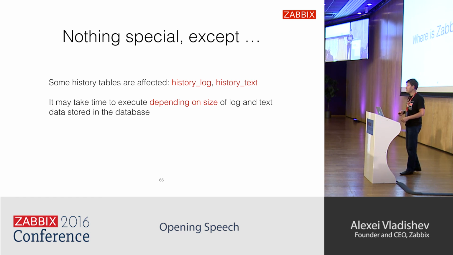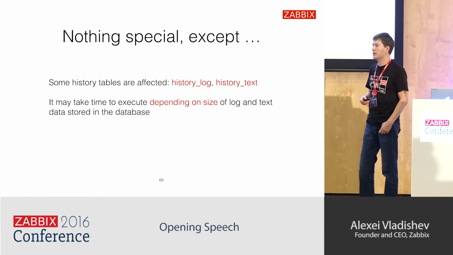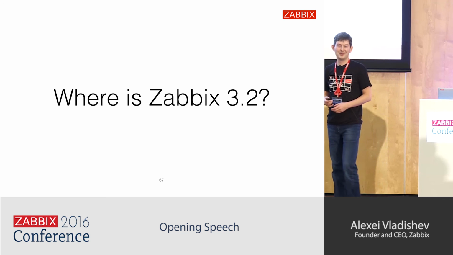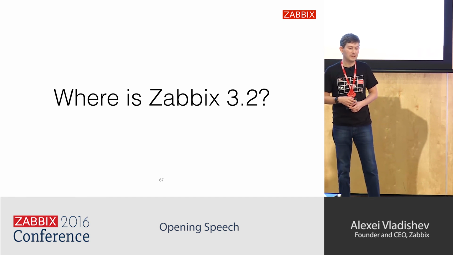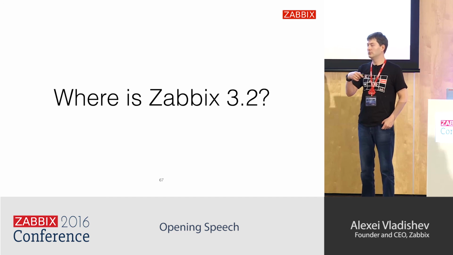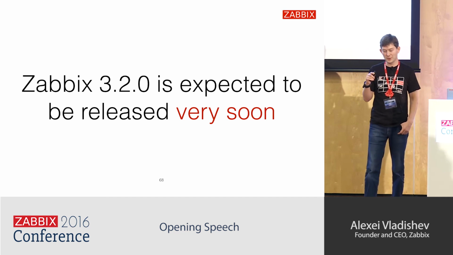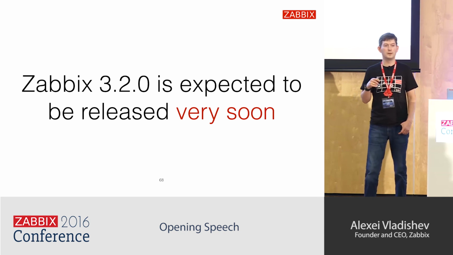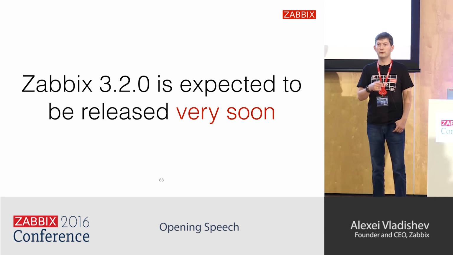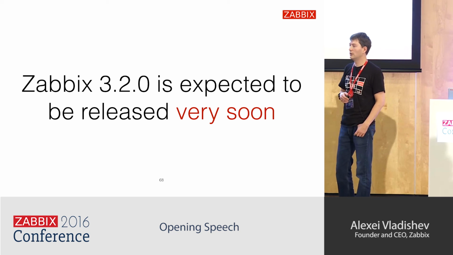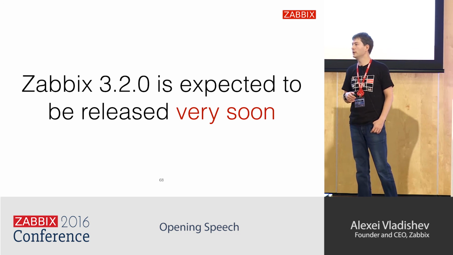And the traditional question, obviously, is where is Zabbix 3.2 then? Okay, so many new features, and probably we'd like to use them already. Yesterday, we had the first release candidate ready. It's ready for download. Just try and use it. We will not introduce any new features in the release candidate.